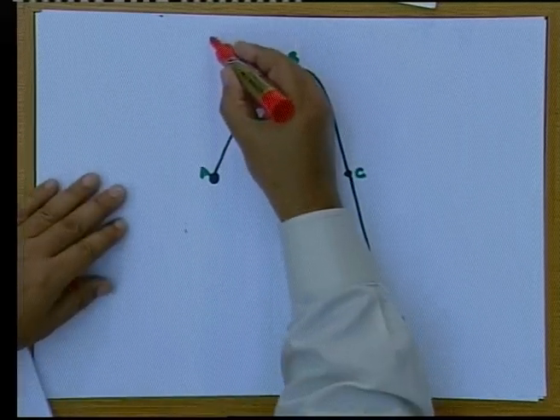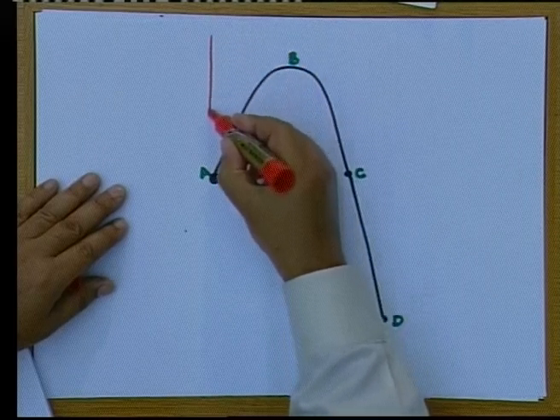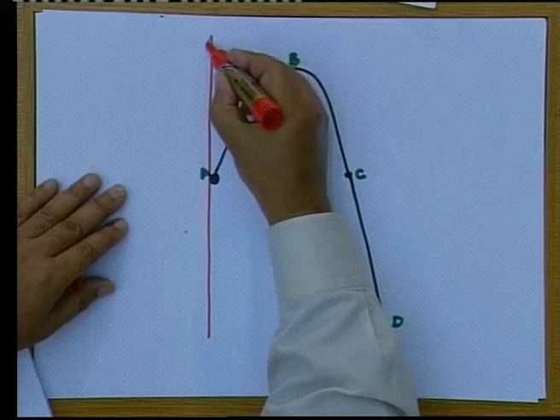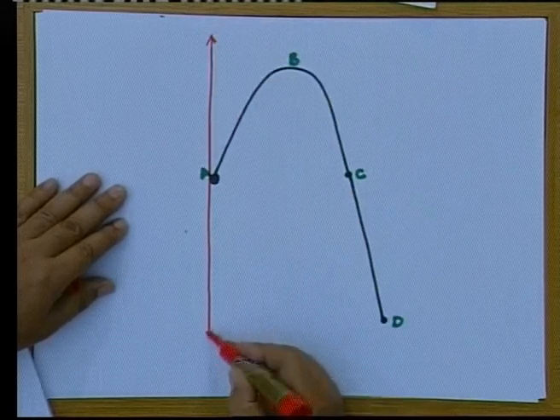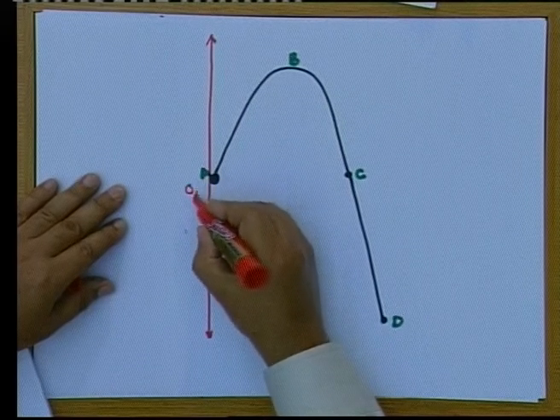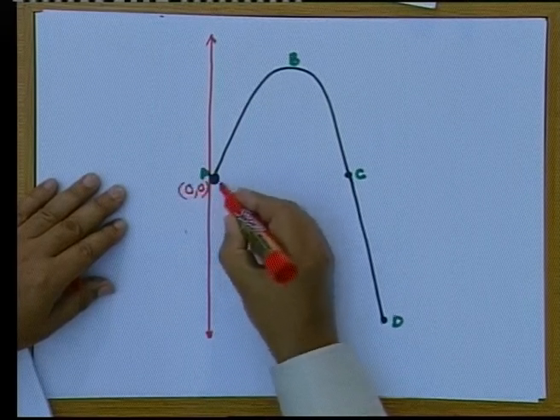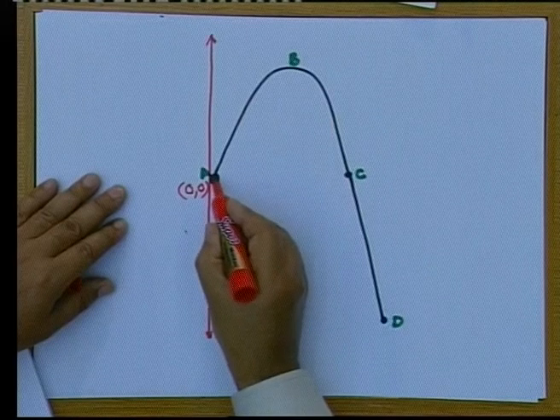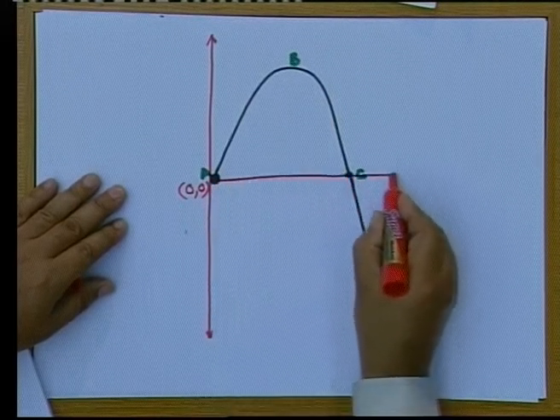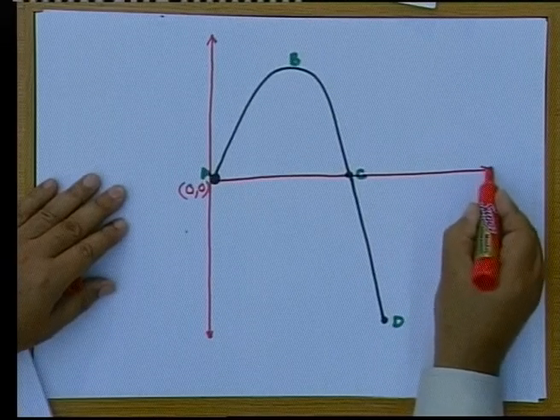So these are my axes, that's my y-axis, and here is point 0,0, 0 for y and 0 for x. That means that is my x direction.